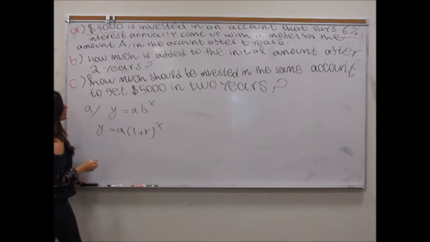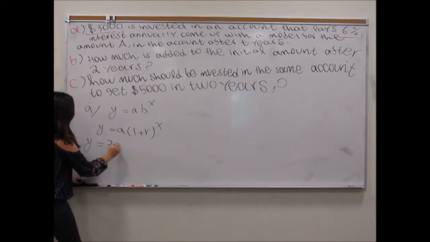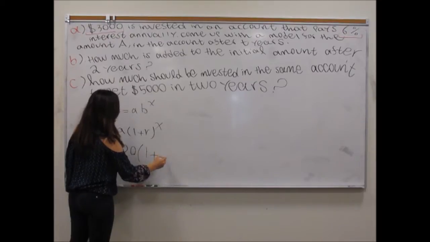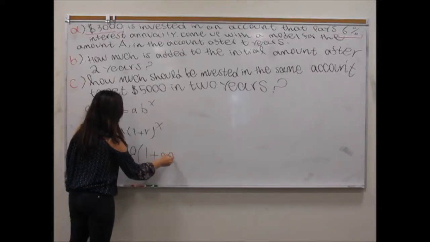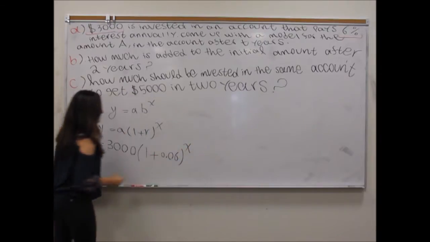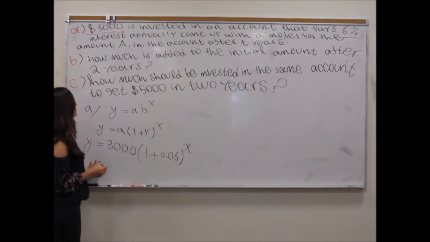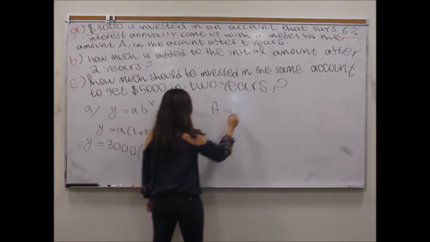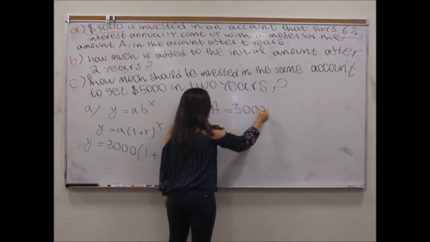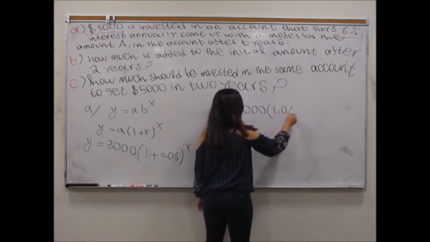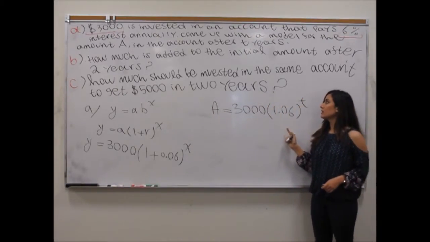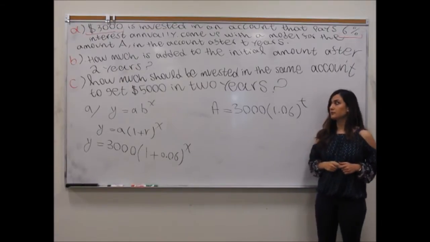And then my initial amount is 3,000 times 1 plus 6%, which is 0.06, to the x. And then to write it in terms of A and T, my model would be A equals 3,000 times 1.06 to the T. So this is the model for this bank account for part A.